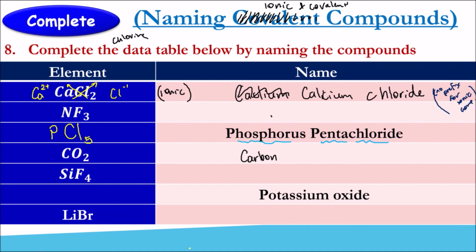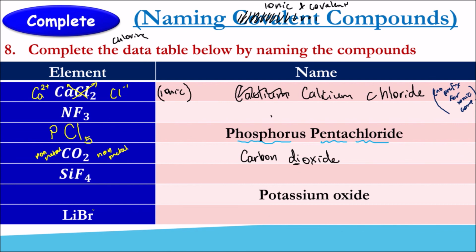For your own sake, carbon is a non-metal, oxygen is also a non-metal. If that's the case, then we need to write a prefix for this O2. So it's di for 2 and oxide to represent the anion we formed.